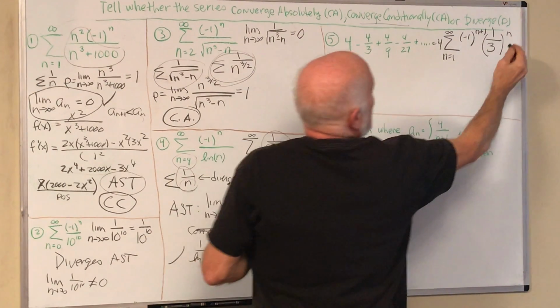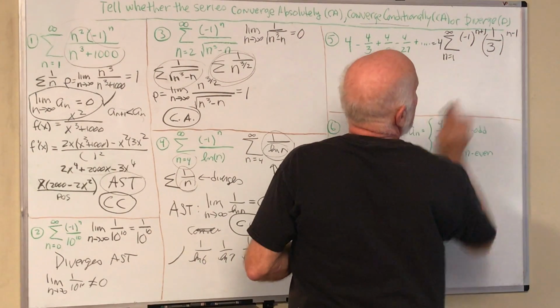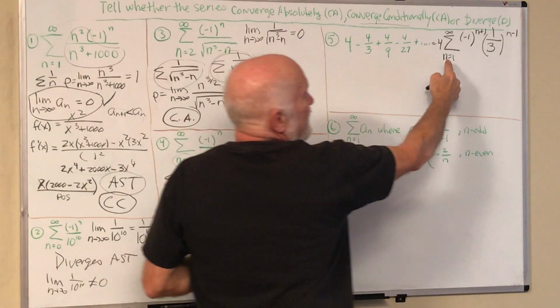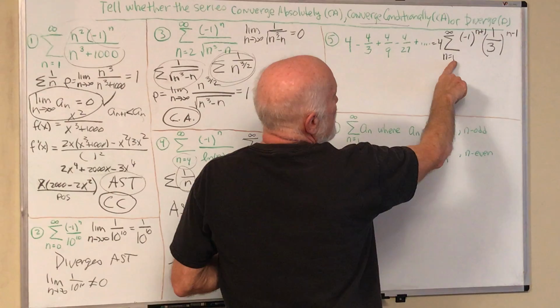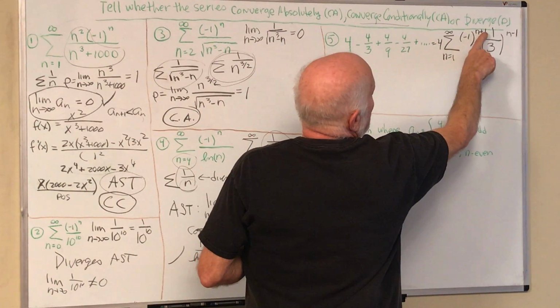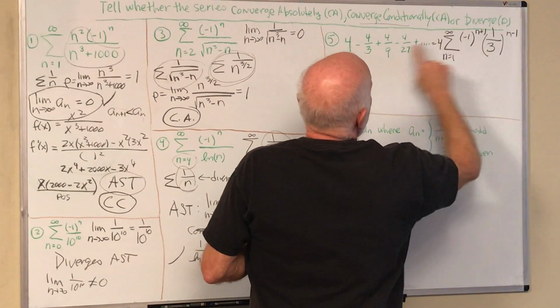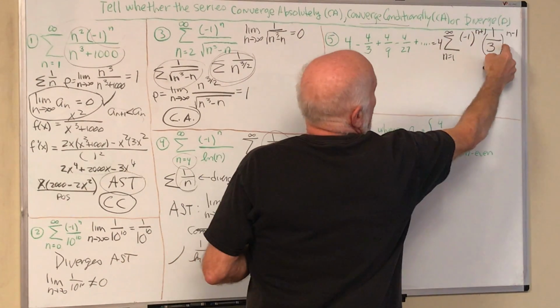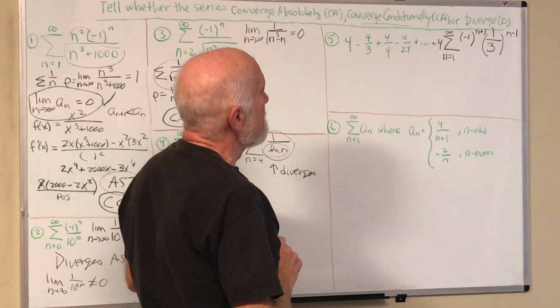Except you'd want to go to the n minus 1, or else you could start at a different value of n. But you want to make sure when n is 1, you're going to get a positive number, and you want this just to be 4 times 1. So I think you can see that it works.